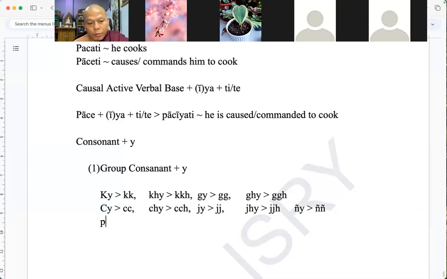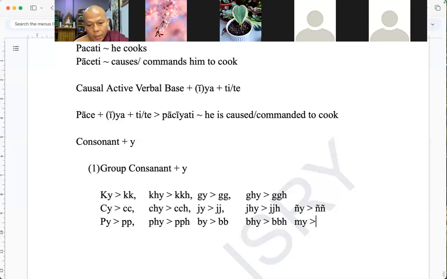And then the pa group: pa, pha, ba, bha, ma. Ba ya becomes ba ba, pa ya becomes pa pa, and bha ya becomes ba bha.